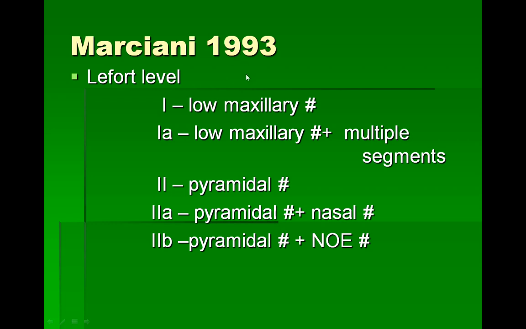Marciani in 1993 explained Lefort 1, low maxillary fracture; 1A, low maxillary fracture with multiple segments; 2 is pyramidal fracture; 2A, pyramidal plus nasal bone fracture. I told you if it's a polytrauma, there will be involvement of nasal bone and naso-orbital ethmoidal complex.